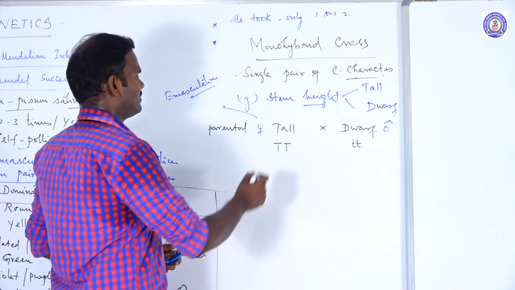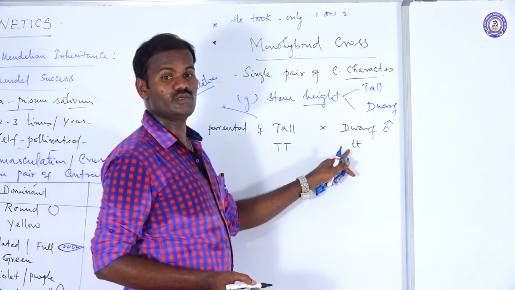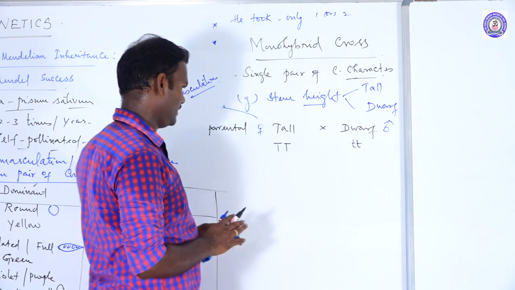So tall is controlled by capital T, capital T, and dwarf, a recessive character, is controlled by small t, small t.